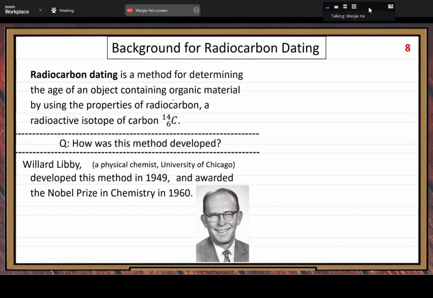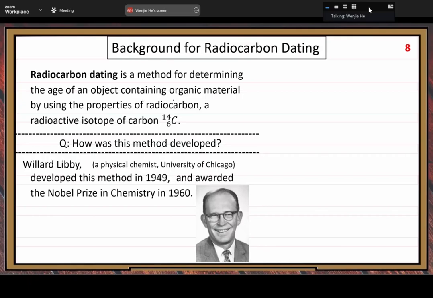So you know how important it is. But you will see the method is very simple, based on the decay model. The method is so simple, but the impact is huge. Extremely important.